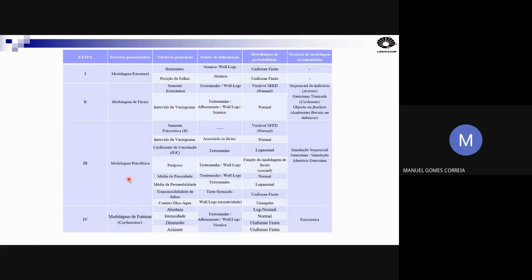In the dynamic model, we have other kinds of uncertainties that, in the forward class, I think people are going to talk about. So in this table, we have the principal variables, the source of information, and the probability distribution for each variable that you can use if you're going to work with uncertainties, okay?